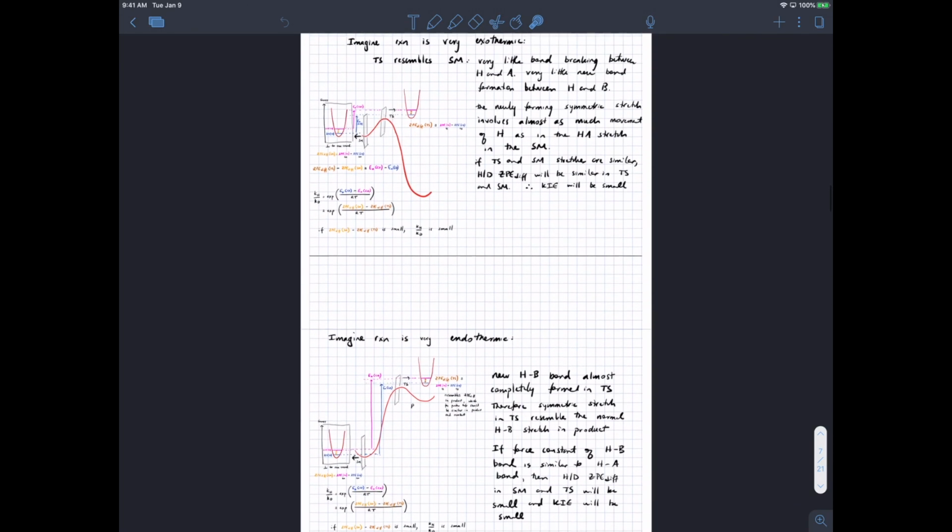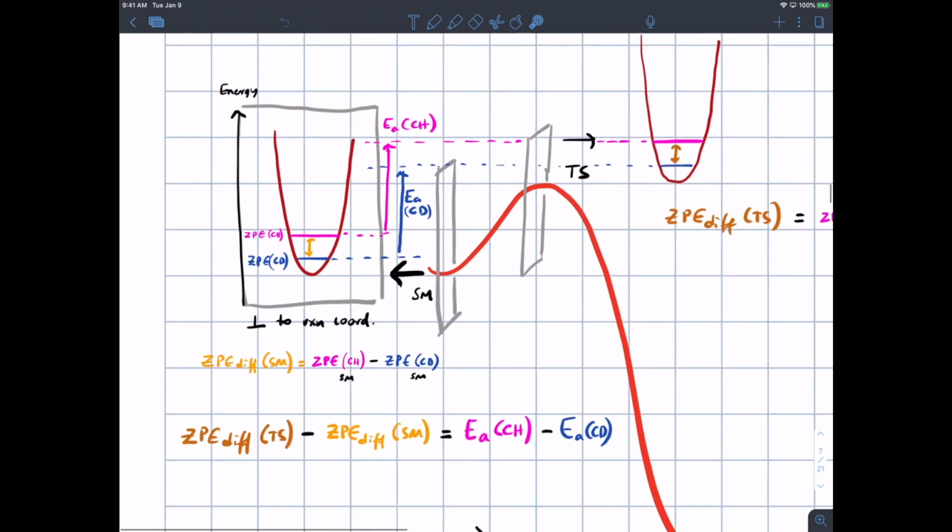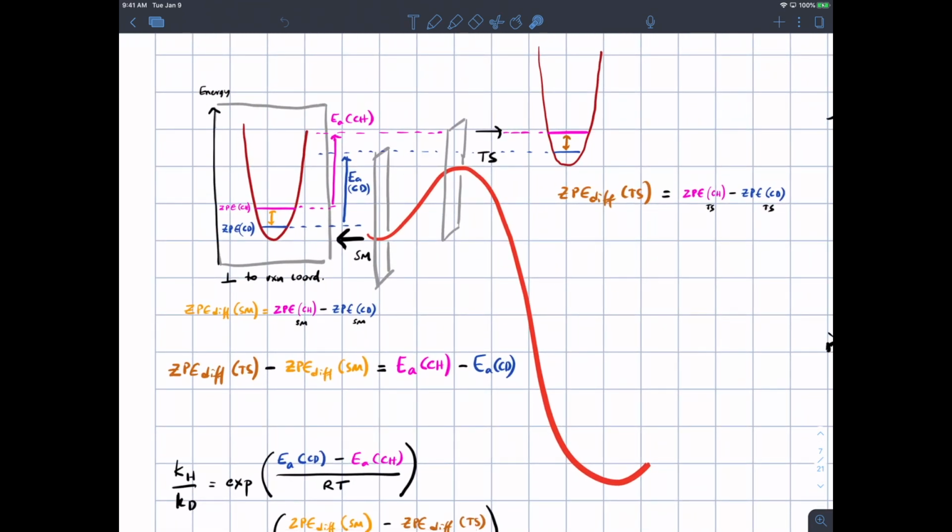Okay. So let's imagine a similar sort of diagram, but let's imagine that we have a very endothermic reaction. Hammond postulate tells you that the transition state structurally must resemble the starting material. Therefore, the vibrations you have in the transition state should resemble the vibrations you have in the starting material.